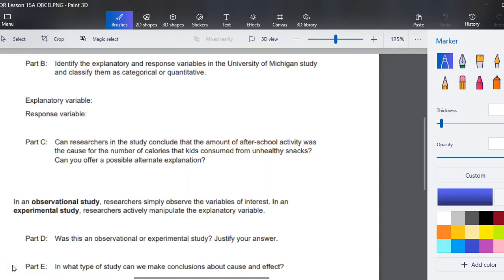So part B is identify the explanatory and the response variables in this study, and also classify them as categorical or quantitative. So we were saying that the explanatory is the type of after-school activity.